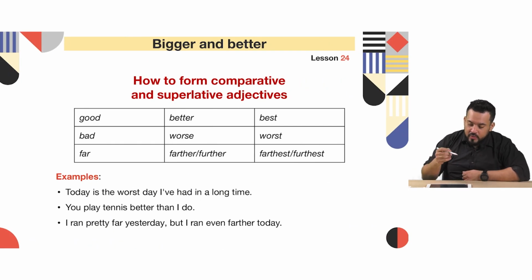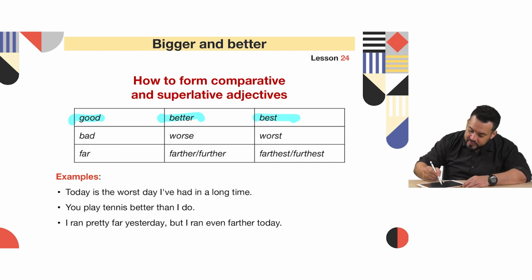Now, those are some irregular comparative and superlative adjectives. Good goes with better, best. So this is the adjective, this is the comparative, and this is the superlative.